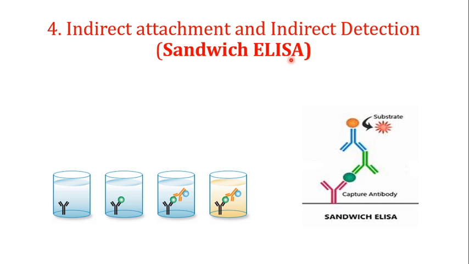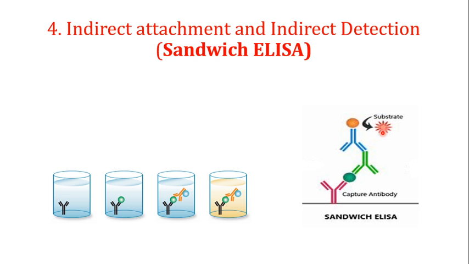The difference from the first type is that in the previous type you were using a single antibody for the detection of this antigen or target protein. In the case of the indirect detection, you'll be using two kinds of antibodies. The primary antibody will interact with the target protein, the enzyme conjugate will interact with the primary antibody, and the enzyme will be converting the colorless substrate into a color product.